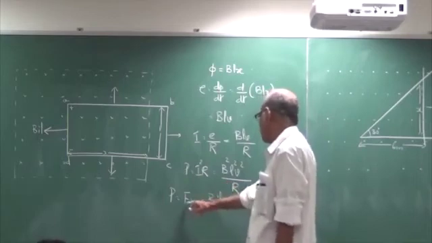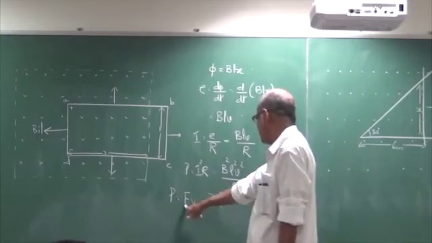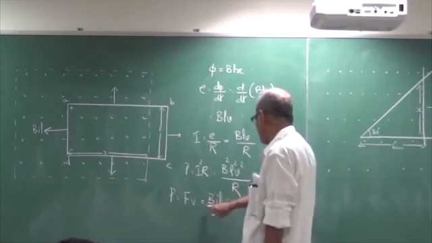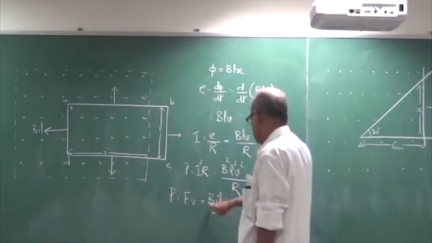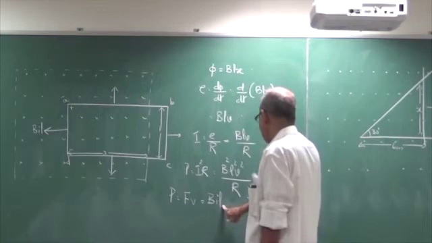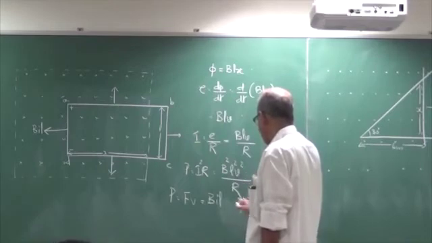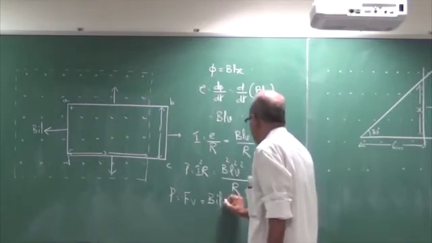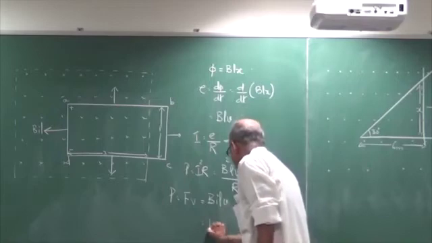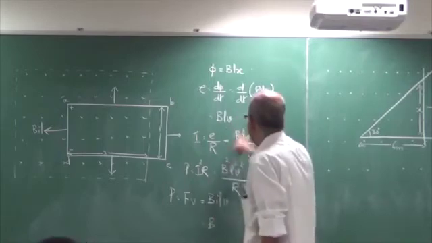The power that you have to apply from outside is F dot V. F is B I L, into V. You should get it in this form. Listen, this is B into, what is I?